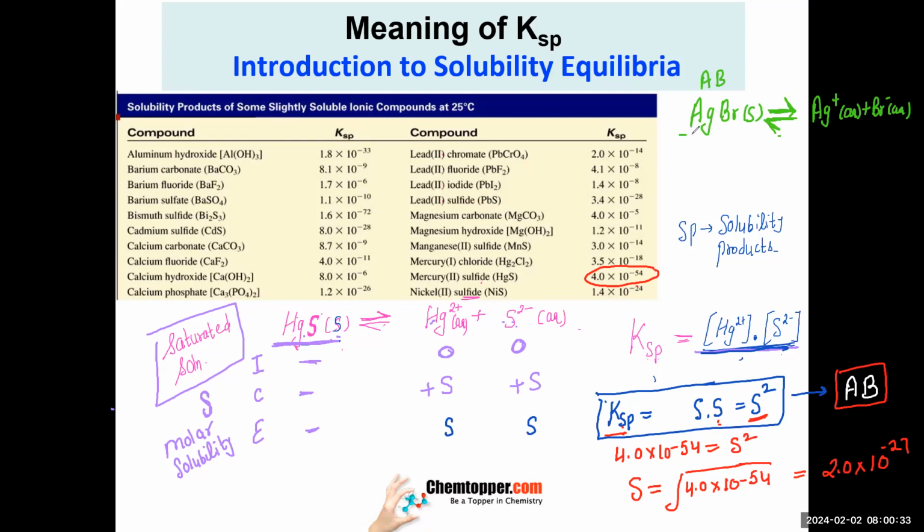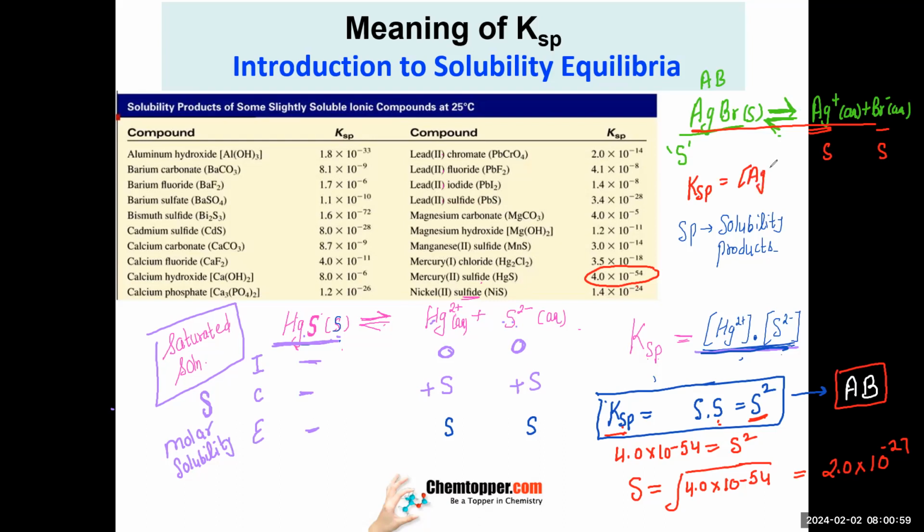If I say the molar solubility of AgBr is S, then how much Ag plus are we getting? S. How much Br minus? S. What is Ksp for this particular reaction?